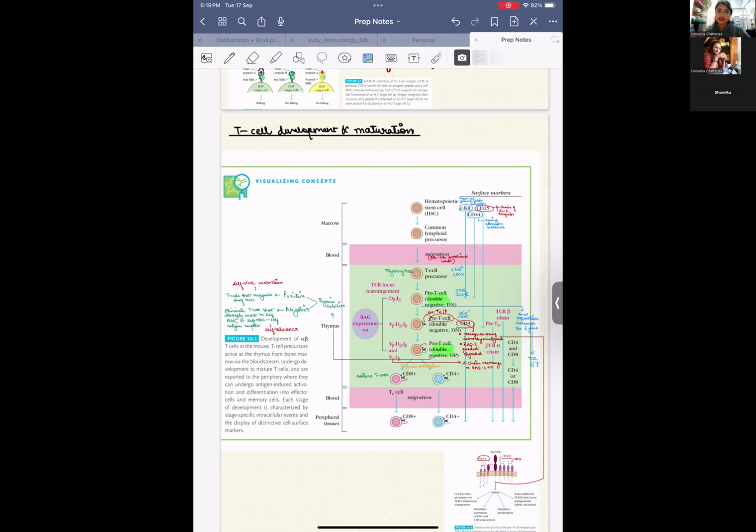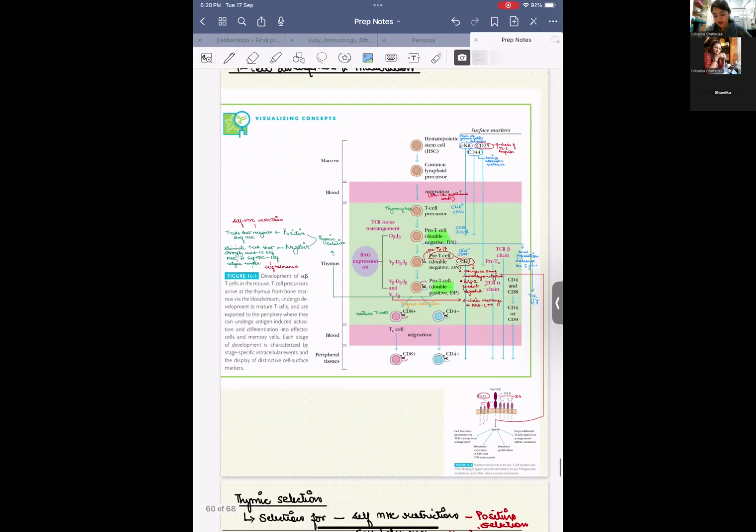However, for the T cells, the origin is the same bone marrow, but there is a step of migration wherein they need to reach the thymus, and the thymus is the ultimate organ from where the naive T cells exit, and eventually they're immunocompetent.